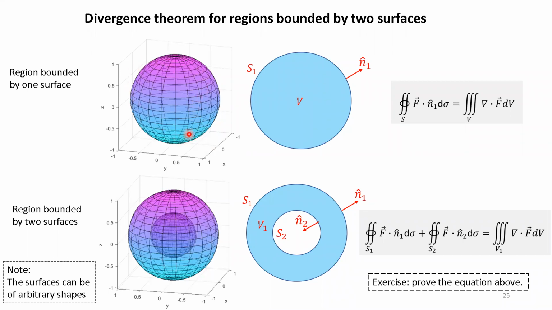So again, physically, what does it say? Go back to the case of airflow. Imagine that our vector field describes the air velocity at different points in space. And then the outward flux, what does that mean?